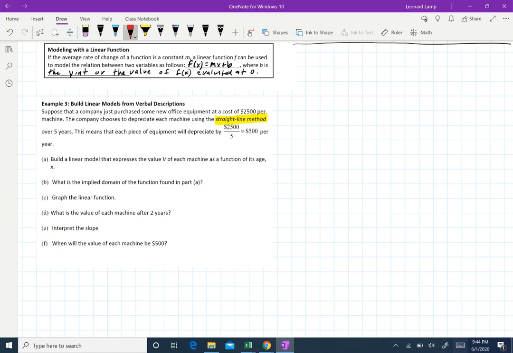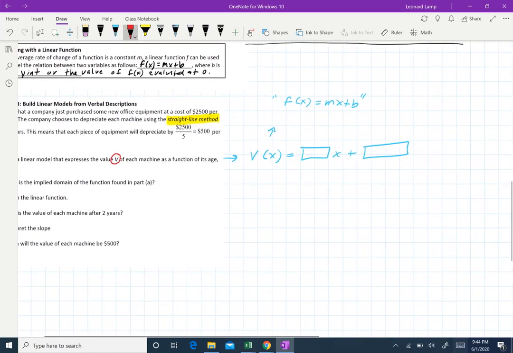So they want us to come up with a function, the value V related to its age X. So for part A, they want V of X, some function, to be equal to blank X plus blank, and it's supposed to fit the straight line form, y equals mx plus b, or getting used to function notation, f of x equals mx plus b.